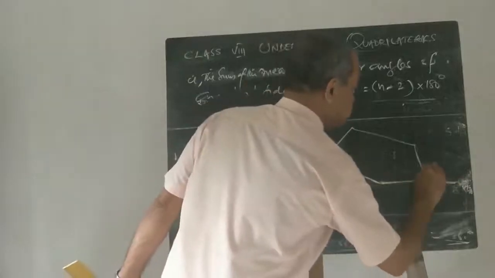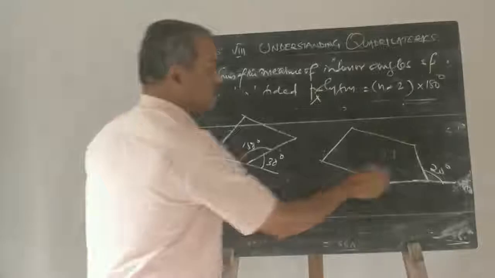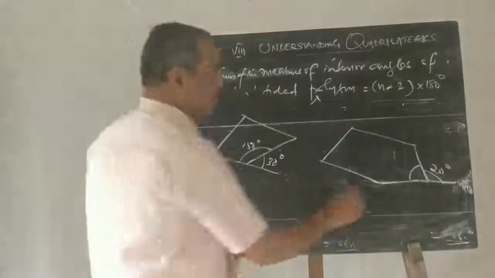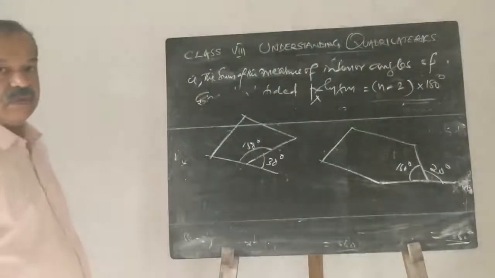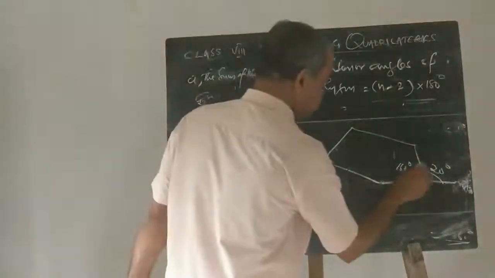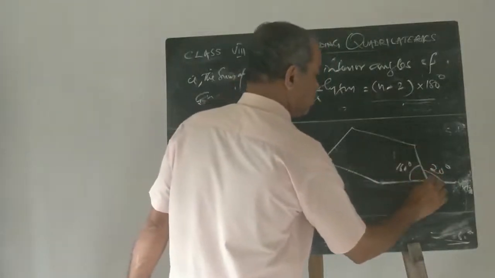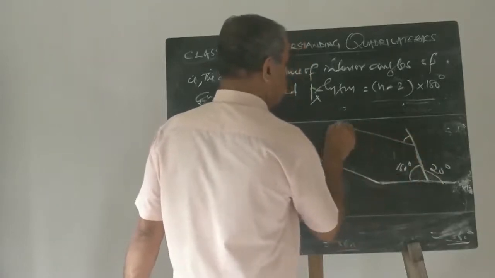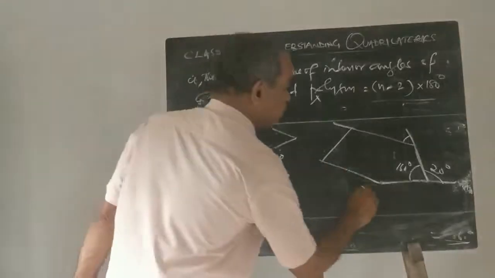Suppose the measure of this angle is 20 degrees. Then what is the measure of this interior angle? 160 degrees, because they form a linear pair. And the sum of all the exterior angles is always 360.